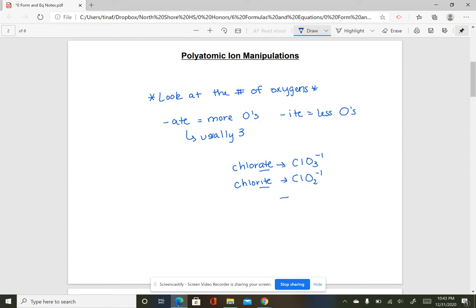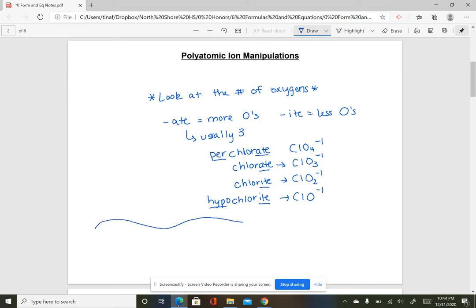Taking away one more oxygen, ClO -1, we add a prefix, hypochlorite. And if we go one above and add an extra oxygen, it's "per," that's the prefix, perchlorate. And you guys can find other examples where this works out.